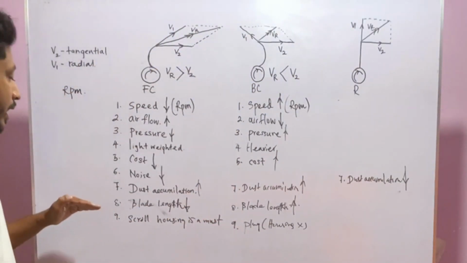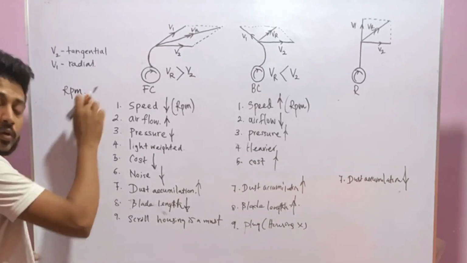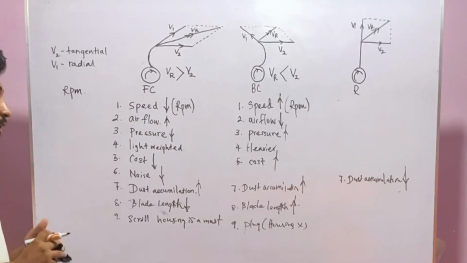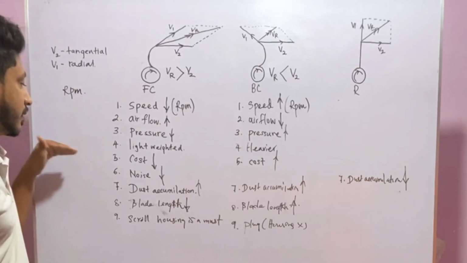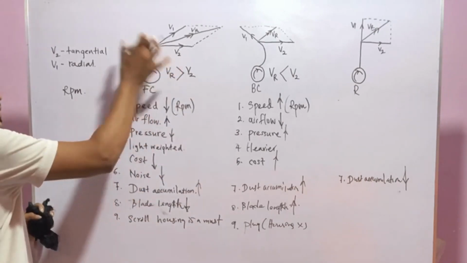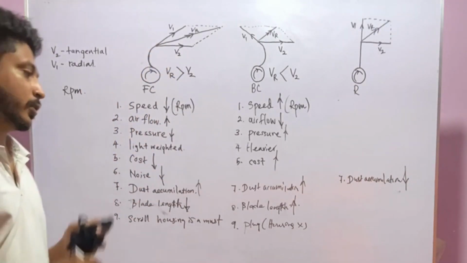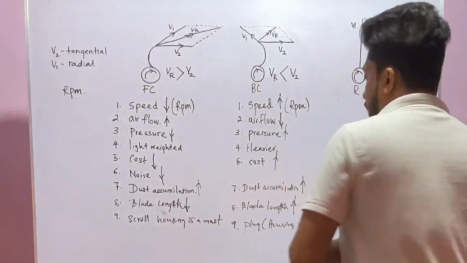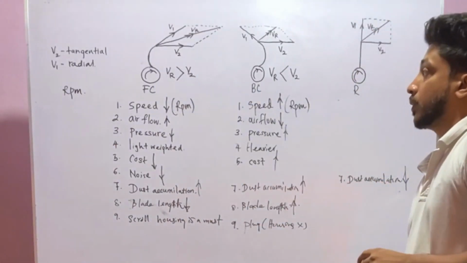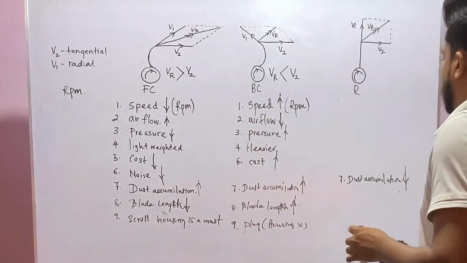Each of these characteristics we know now. We know the reason behind those features, how each feature came, by analyzing the shape of the impellers. So that's for the characteristics, and now we can go to the efficiency of these impeller types.